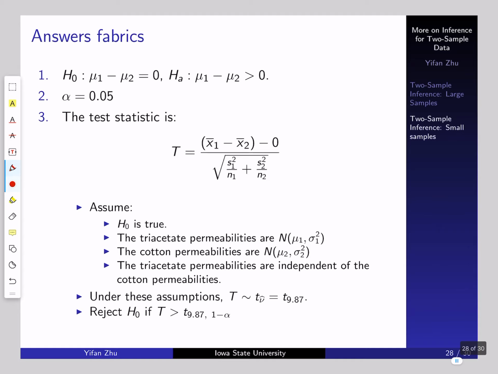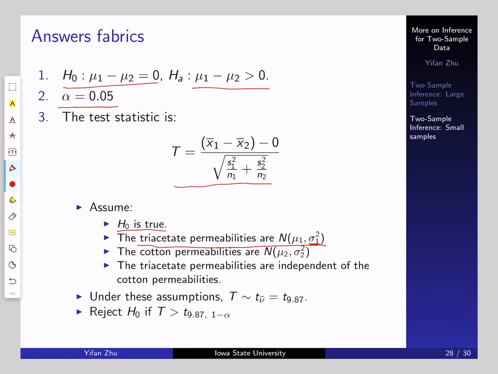Okay, so these are the formal steps of the hypothesis testing. The null is that mu1 minus mu2 is 0, and the alternative is that mu1 minus mu2 is greater than 0. The significance level alpha is 0.05, and this is the test statistic. And we have the assumption that H0 is true. For the sample 1 group, the observations are iid normal with mu1 and sigma 1 squared.